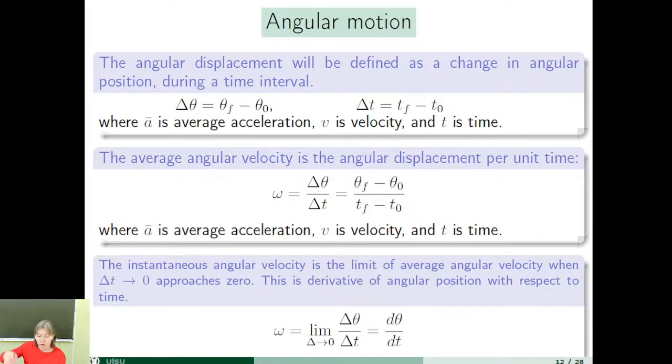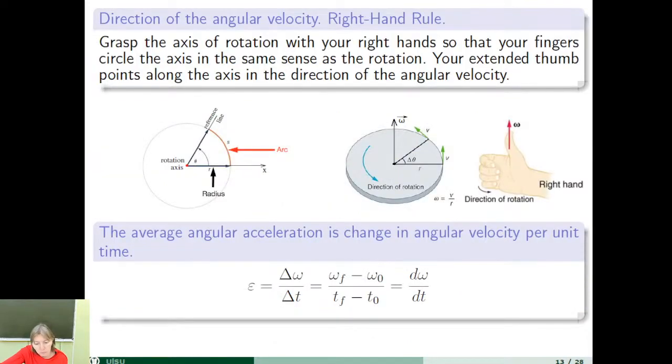Angular acceleration. The angular acceleration is epsilon. If the angular velocity of a rotating body is not constant, then the body has an angular acceleration.